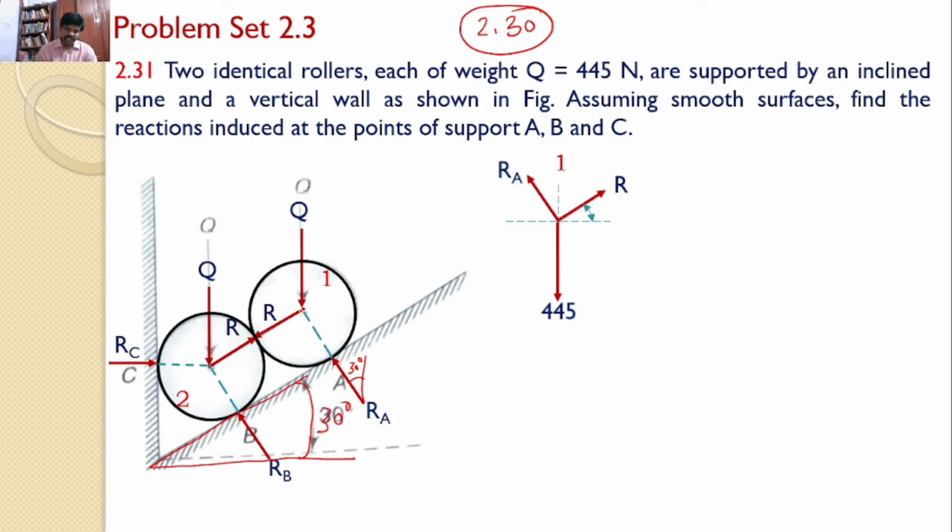Similarly, you can see this R and this surface, these two are parallel. Hence, this R makes an angle of 30 degrees with the horizontal. So here you can see that the reaction R makes 30 degrees with the horizontal, and this RA makes an angle of 30 degrees with the vertical.